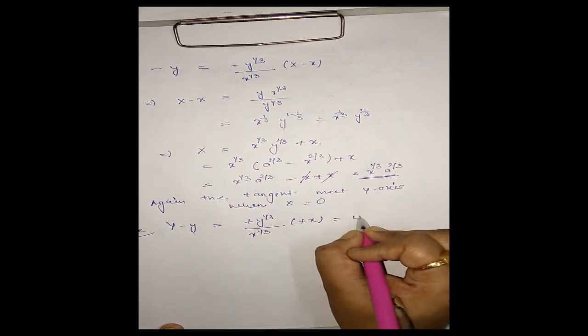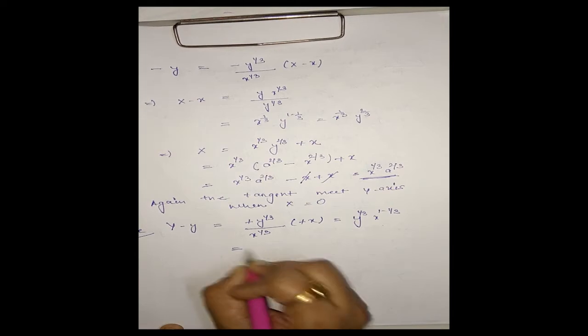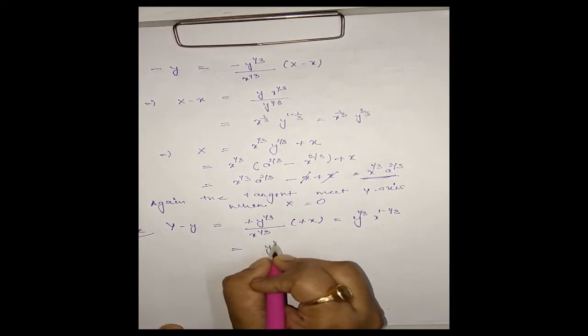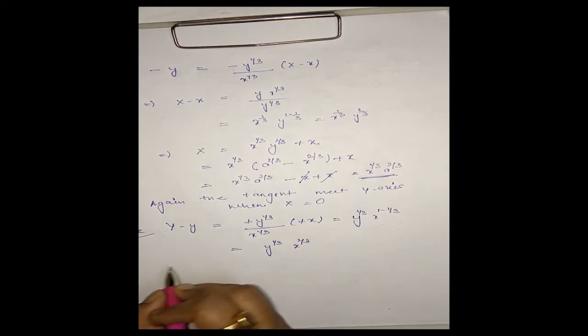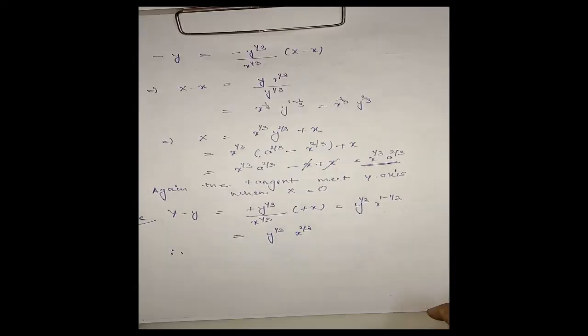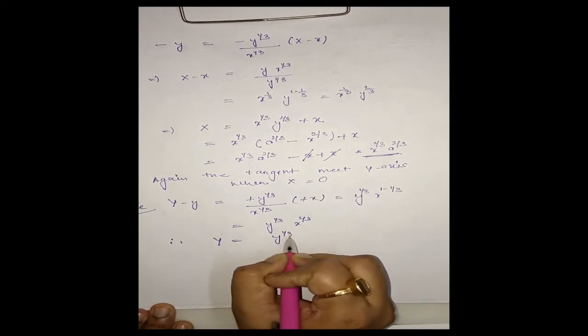This will give us Y = y^(1/3) x^(2/3) + y.